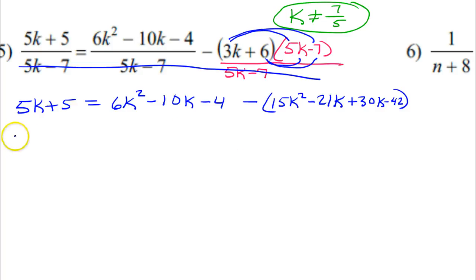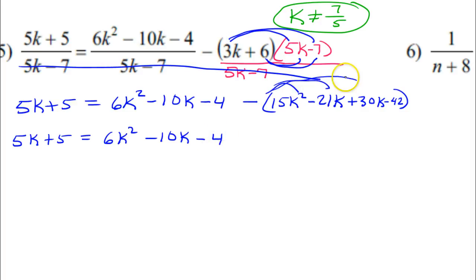Okay, so when I bring this down, I've got 5k plus 5 is equal to 6k squared minus 10k minus 4. But now I'm going to distribute this negative sign throughout. You know, I guess technically I should combine these like terms right now.